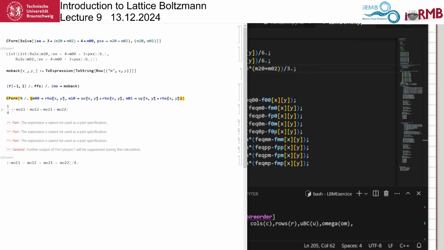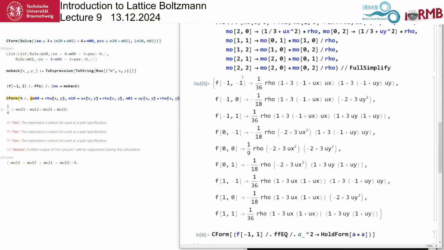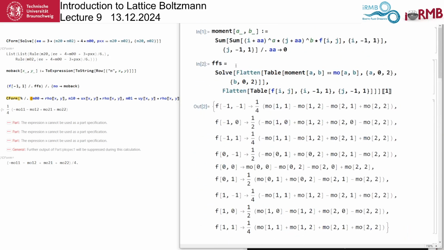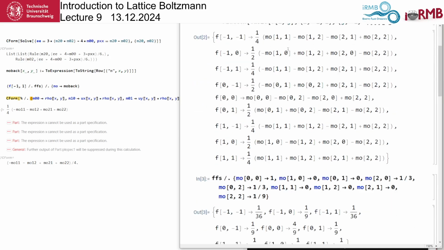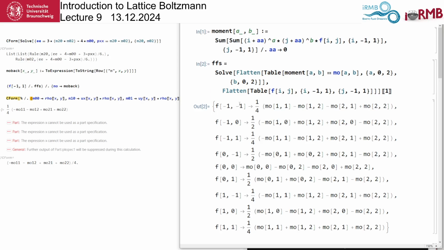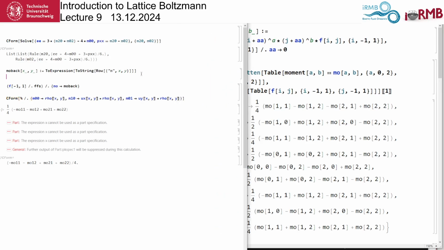I have prepared, so last time we had, okay, so this was the Mathematica file that we prepared last time, where we had this moment thing and we had f in terms of moments. So we are just using this thing here. And to simplify it for me, because they are now called moment 1, 2, I have to rewrite them.